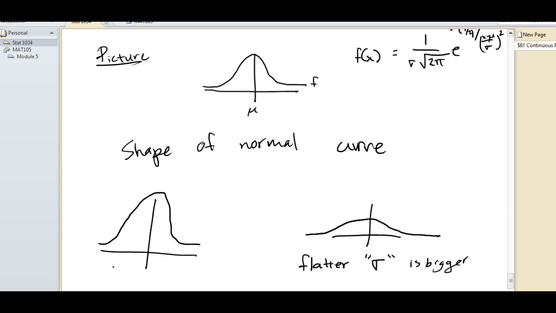And steeper, so a bigger hill in the middle, sigma is smaller because the values are more bunched together. So that's the big dichotomy if you're ever trying to think about sigma and the actual shape of the normal curve. A lot of times we'll deal with a standard normal, which just means standardizing the x values to z-scores, and then basically we've translated one normal curve back into the standard normal curve.